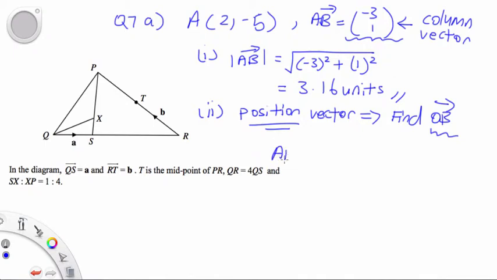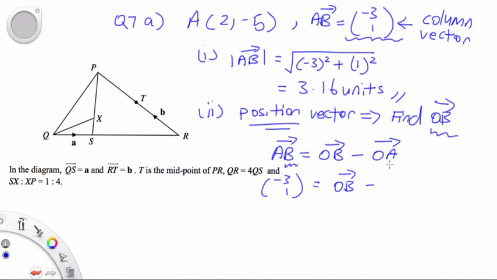Since AB is given, we will make use of the vector AB. For position vector, always use the one at the back minus the one in front. Substitute in the vector that you know. So AB is given from the question, I have (-3, 1). OB is what you need to find. Now for OA, where can you find OA?